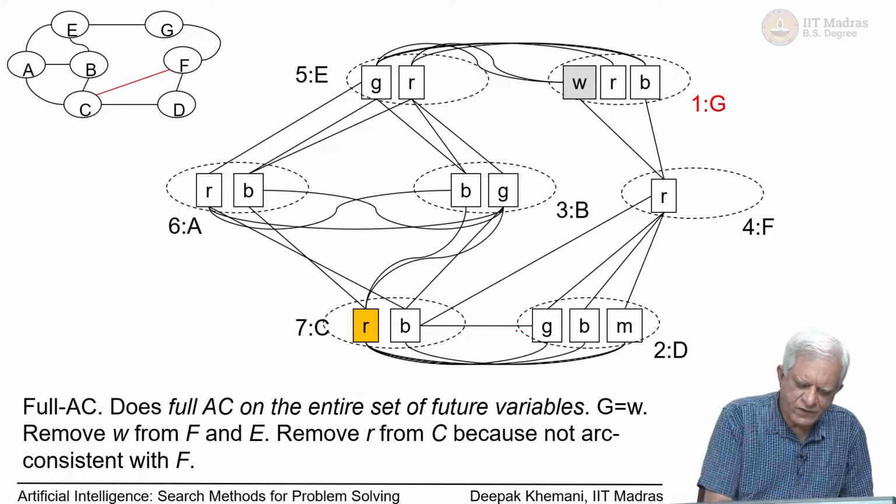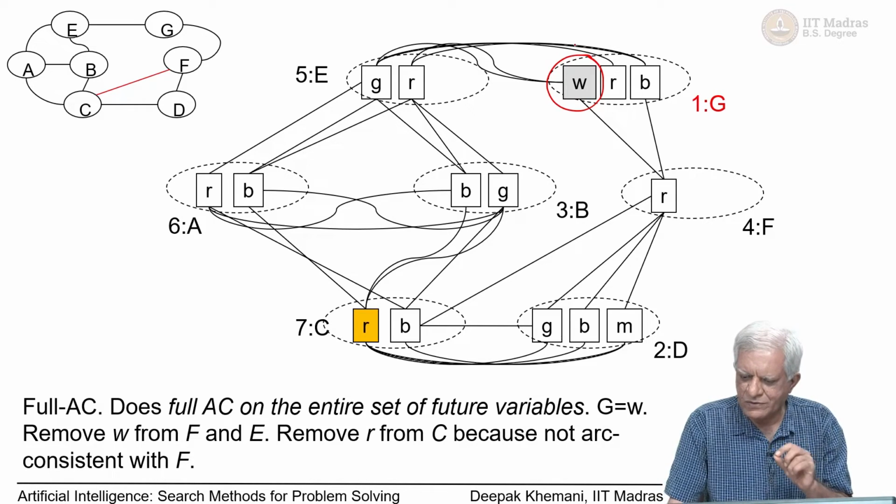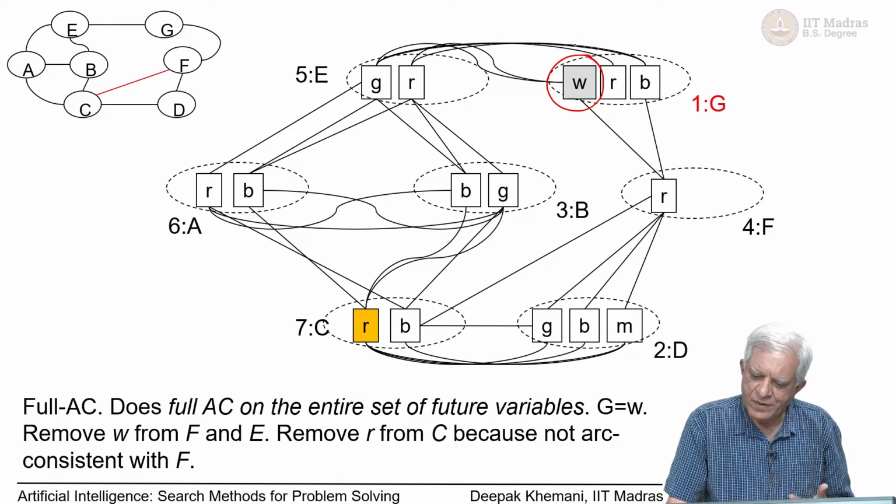So, throughout the next few figures that we will see, we will only look at the fact that it is looking at assigning w to the first variable g, and what we are showing step by step is the propagation that happens, which tells you as to which values will have to be removed essentially.